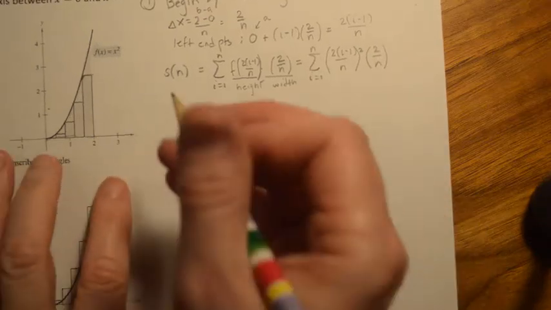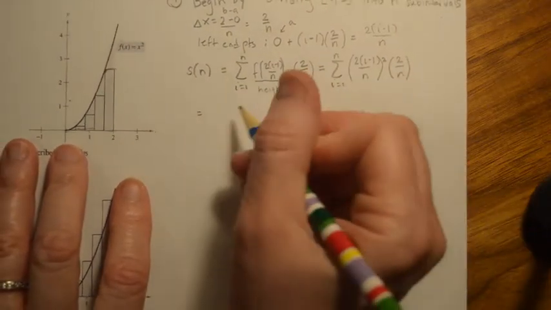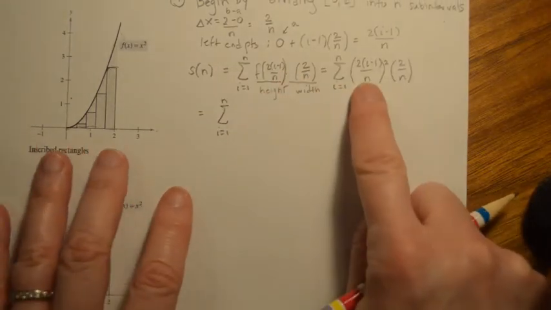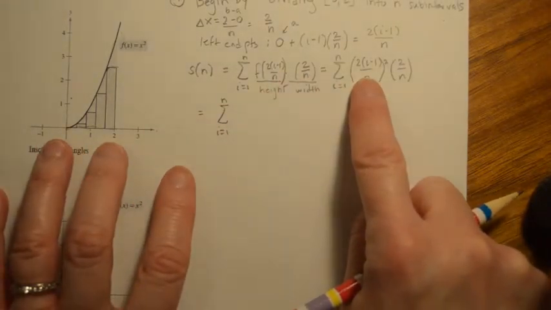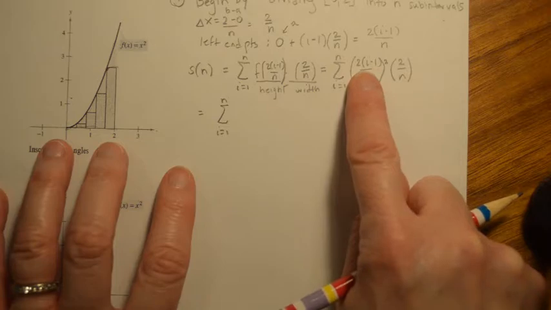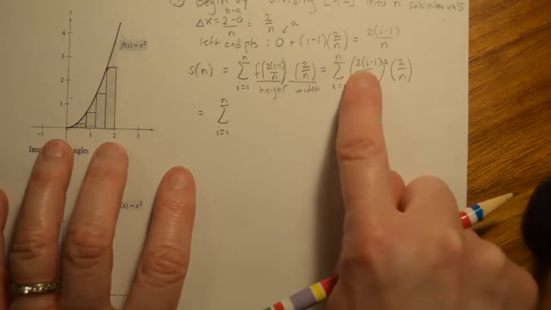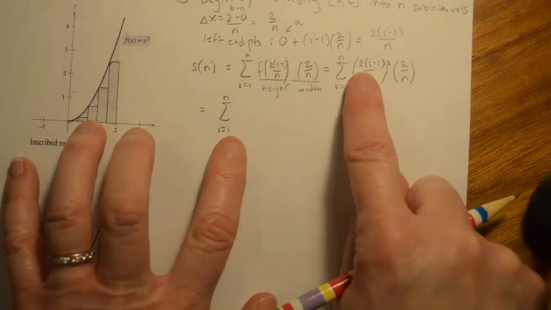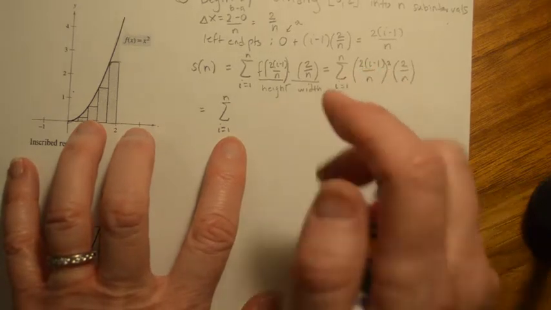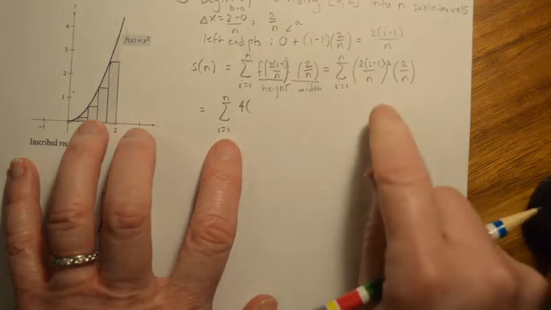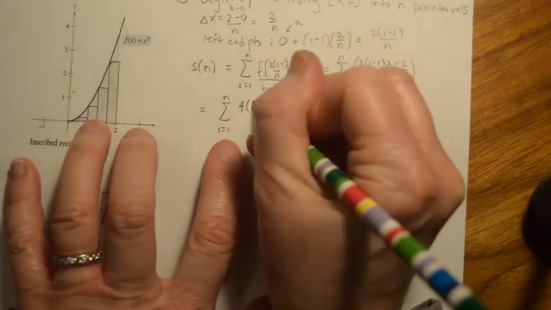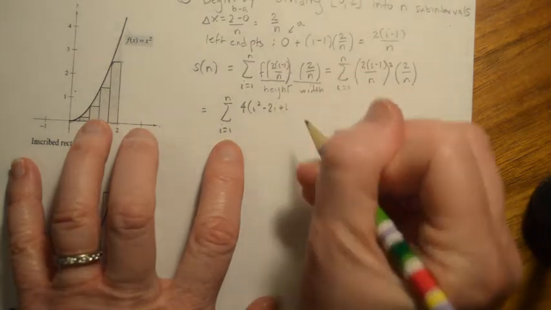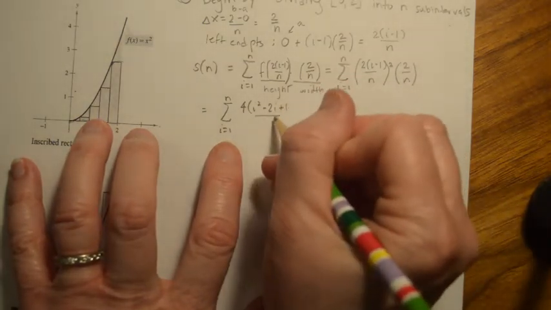Okay, let's start to clean this up a little bit. So now we've got sigma i equals 1 to n. Let's multiply this out. Actually, I'm not going to distribute that 2 right in there because it's going to become a constant that we multiply by. So I'm just going to square it. So I'm going to get 4, and then let me square the top. So this is going to be i squared minus 2i plus 1. And in the bottom, I'm going to get n squared.